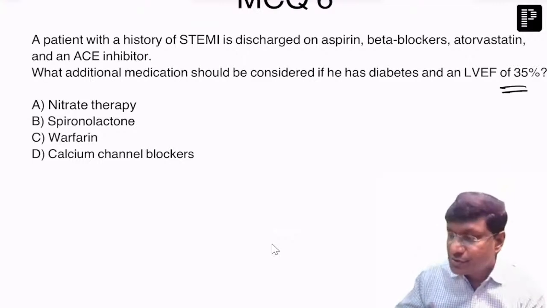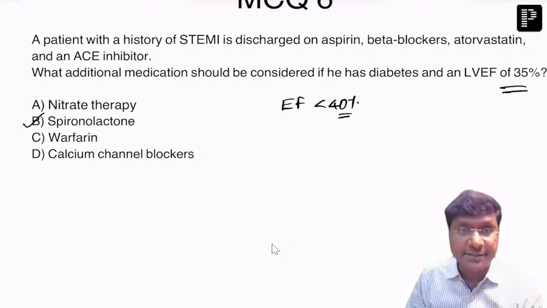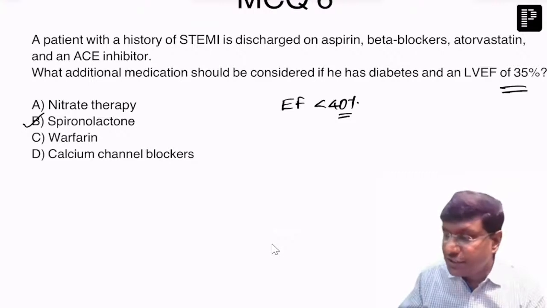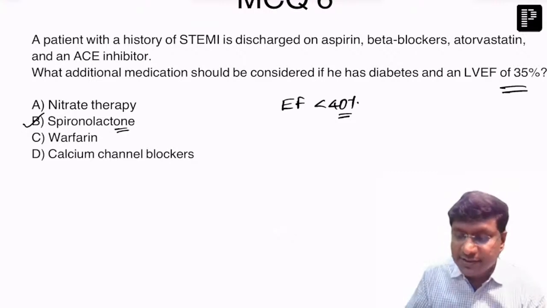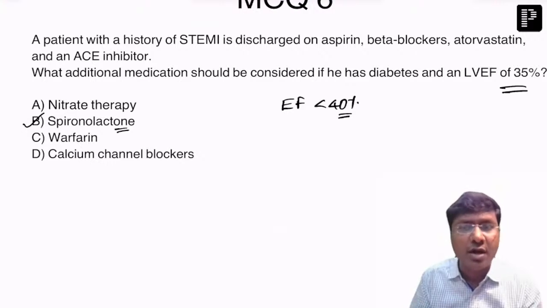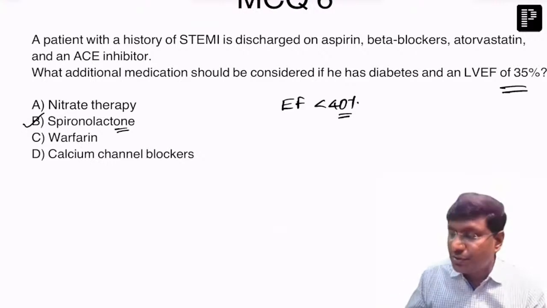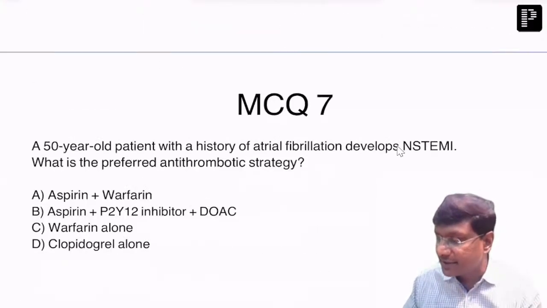If the ejection fraction is less than 40% in a patient with STEMI, you need to add the aldosterone antagonist. It will prevent cardiac remodeling and reduce mortality in the patient. So either spironolactone or eplerenone is what you need to add in post-MI patients if the ejection fraction is less than 40% and the individual is diabetic.